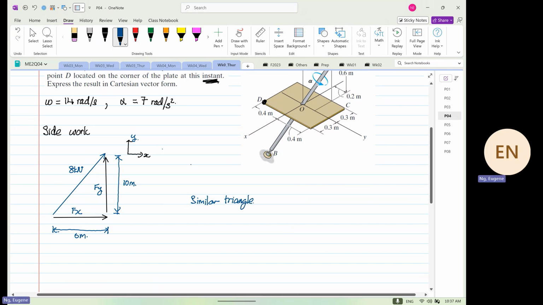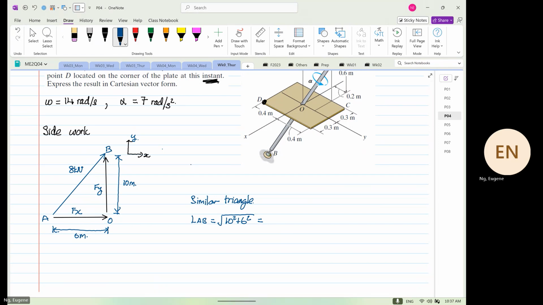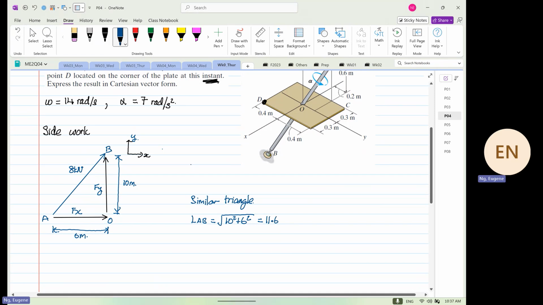So if I call this O, and this is A, and this is B, we know the length AB will be equal to the square root of 10 squared plus 6 squared, which is 11.662 meters.